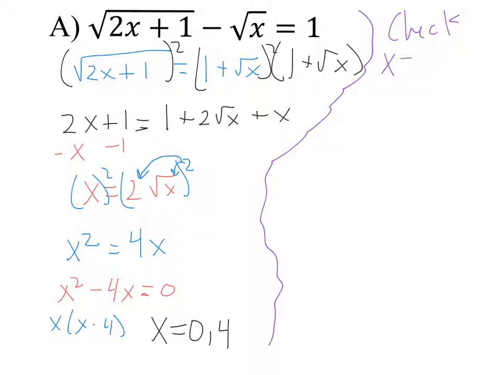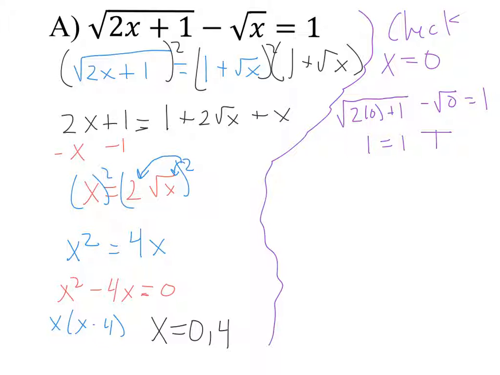So x equals 0. That's the first one I'm checking. So the square root of 2 times 0 plus 1, again looking at what was given to you, minus the square root of 0 is equal to 1. So 2 times 0 is 0, plus 1 is the square root of 1, which is 1. The square root of 0 is 0, so 1 equals 1. That one's true.